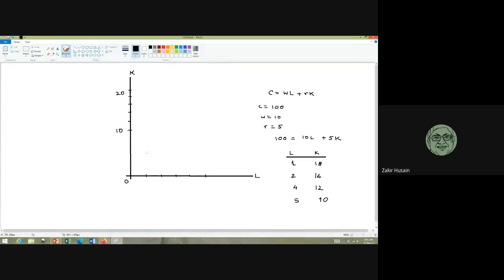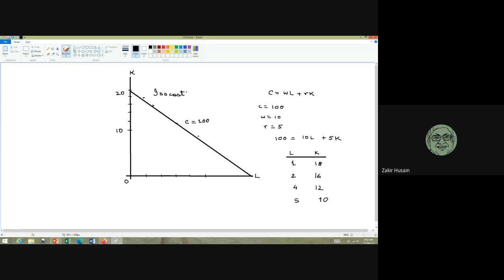So 1 will be 18, 2 will be this, 4 will be 12. So we can draw a line connecting them, and we know that this is called an isocost. So this is drawn for C equal to 100.